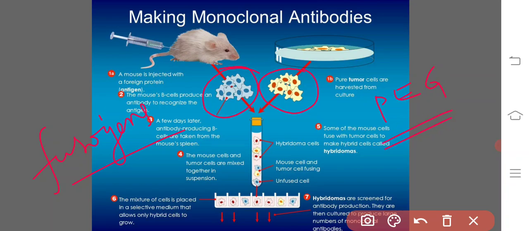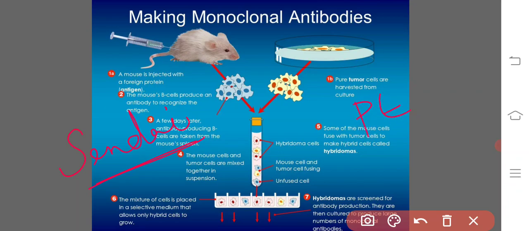Instead of PEG, previously scientists used Sendai virus for the cell fusion. But nowadays, the chemical glue which effectively fuses both the cells is polyethylene glycol. It is very, very important.